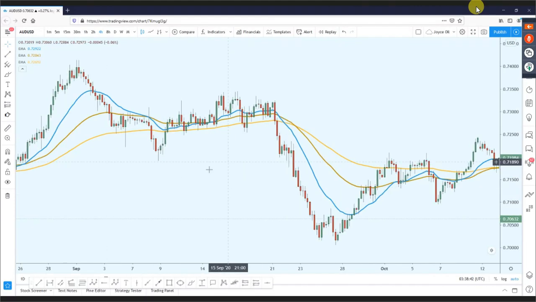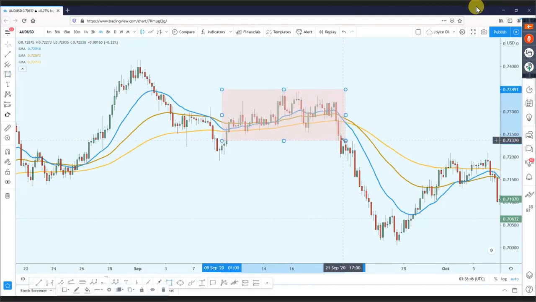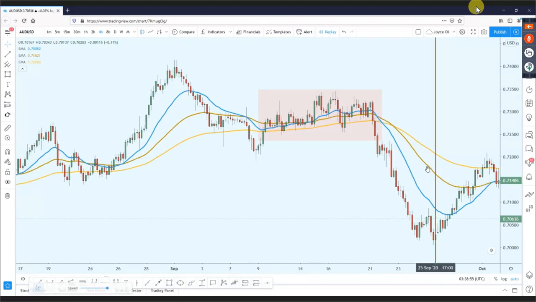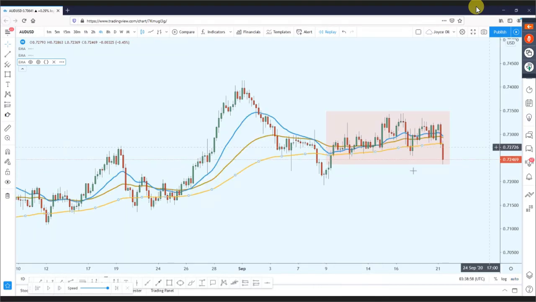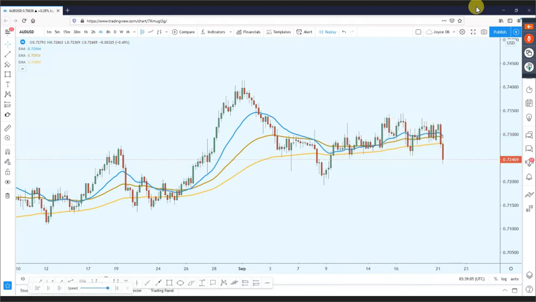Okay, so you can see when price and the rivers are just chopping around each other, we do not enter any trade. So I'm just going to use the replay tool. All right.